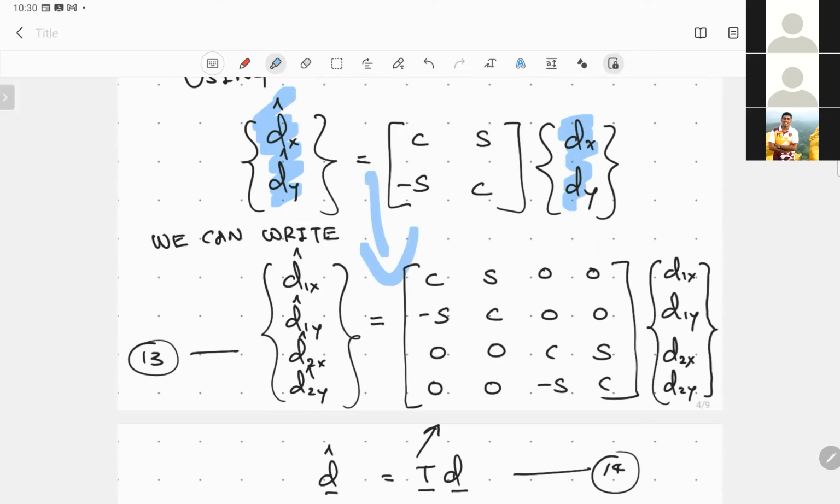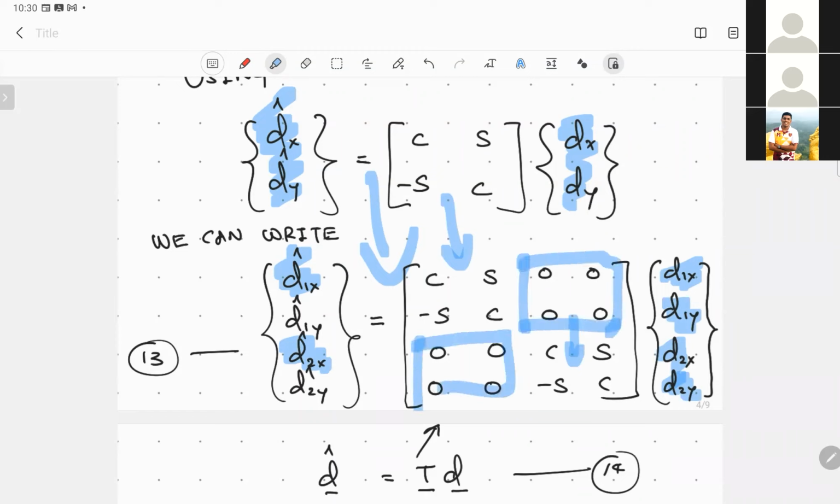The hats are included here. The x and y terms are placed on the right hand side, and you can see this is the same matrix included here. The remaining parts, the non-contributory parts, are 0.